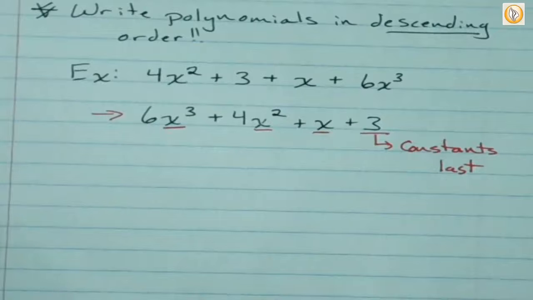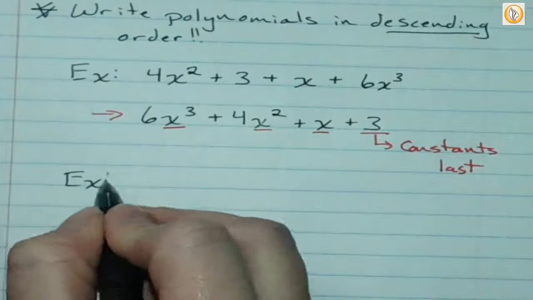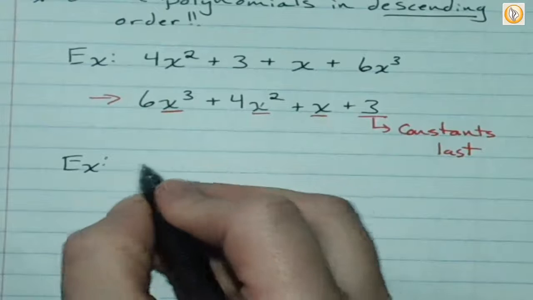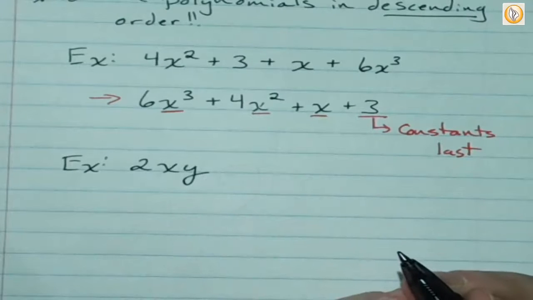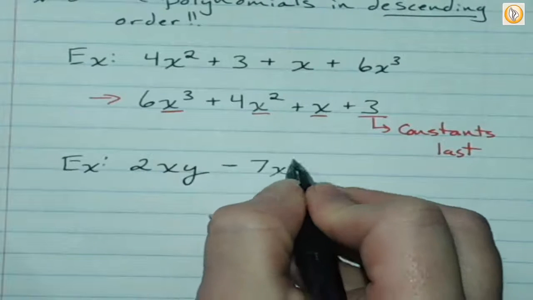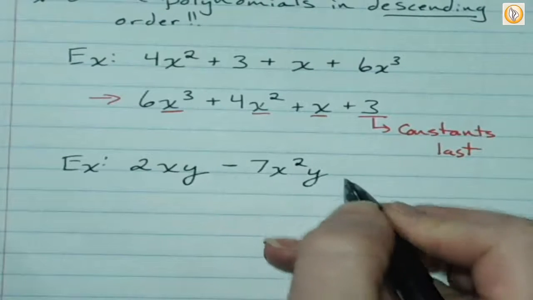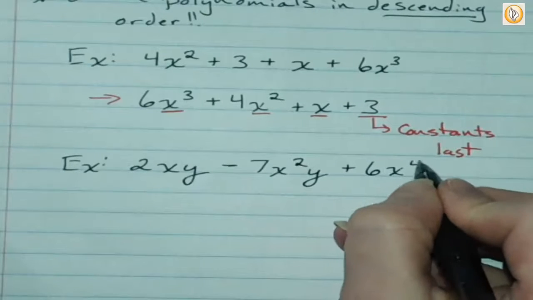Now, the big question, what if you have something like this? 2xy. What if you have multiple letters? Minus 7x squared y plus 6x to the 4th.